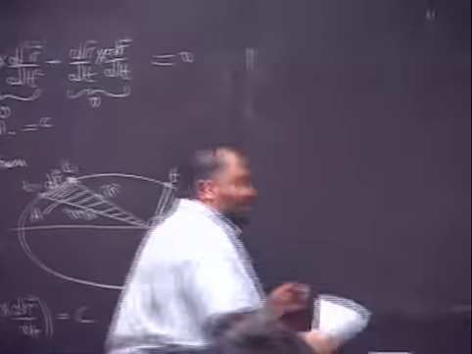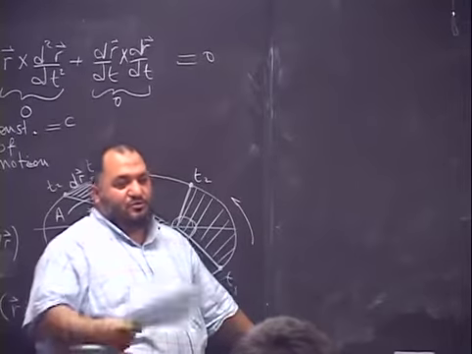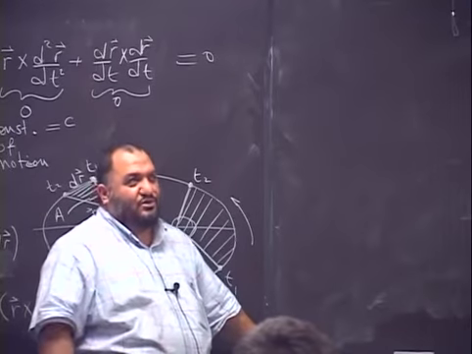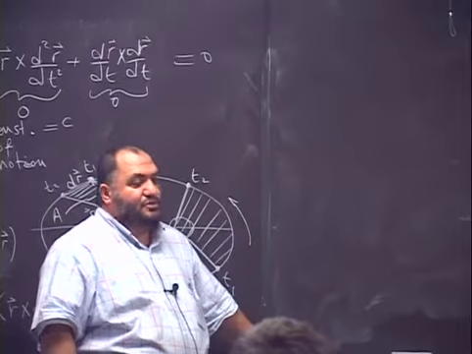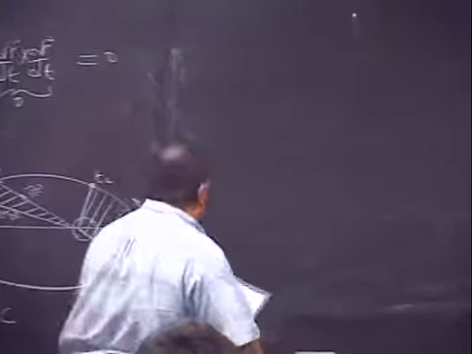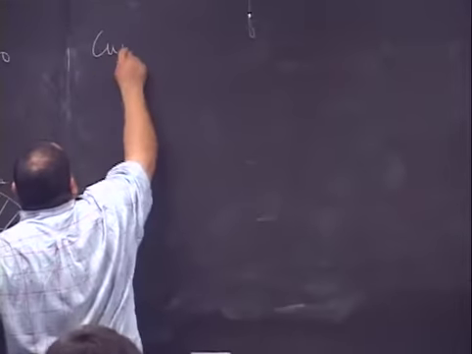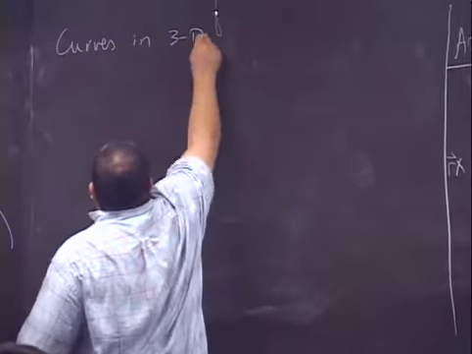Although we will spend only 2 more lectures and we will be done with this chapter. Then we will move on to chapter number 12, which is the surface integrals and so on. So, curves in 3 dimensions.